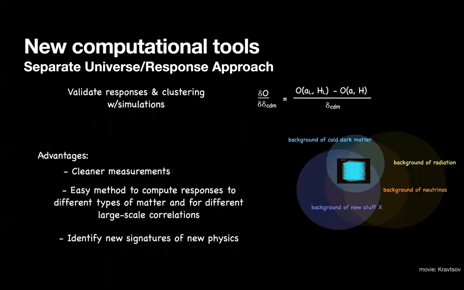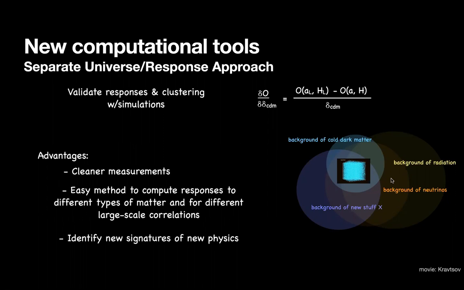I also get an easy method to compute responses in the presence of different types of matter or for different realizations of the large scale matter fluctuations. So what I mean by that is I can run simulations where I mock up the expansion history to account for being in a background with cold dark matter, with some new stuff like weird dark energy, neutrinos, or even radiation.